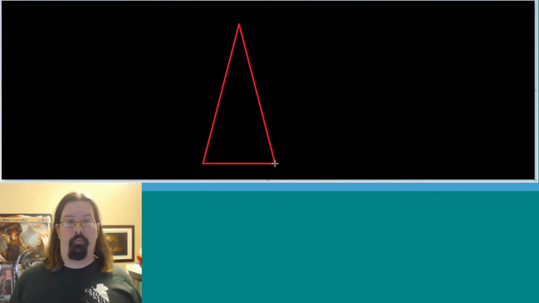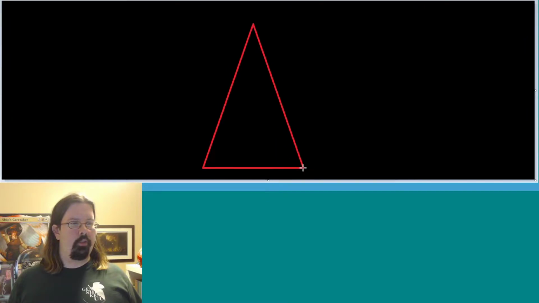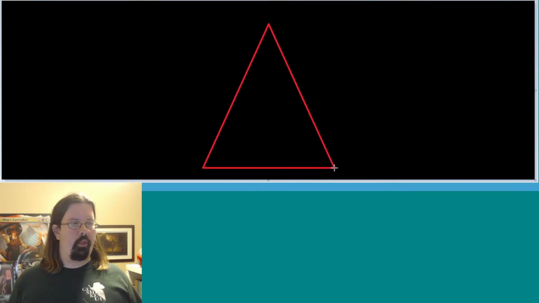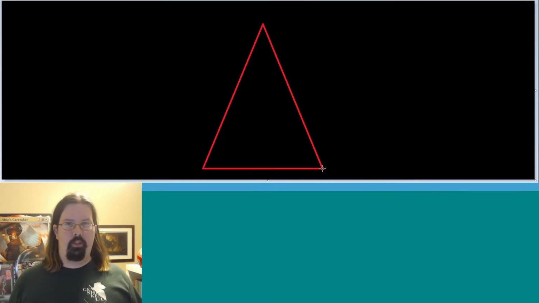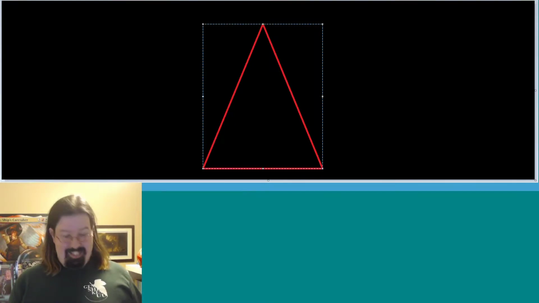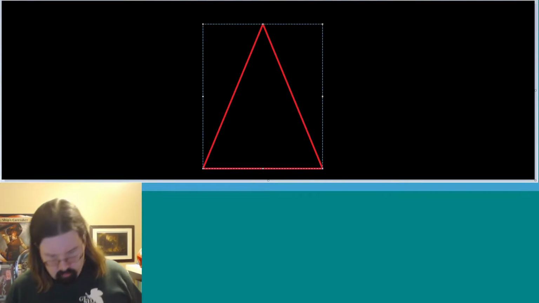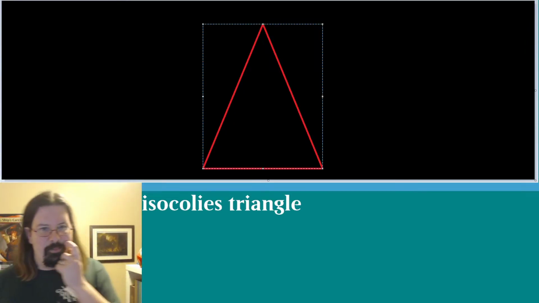Okay, here's something fun. While we're playing around with this, you can notice what kind of triangle this is. It is an isosceles triangle, and I'm going to try to spell isosceles now. We did it.